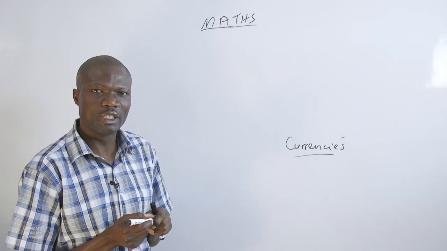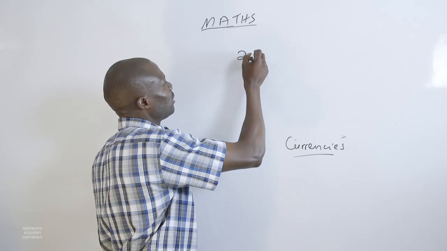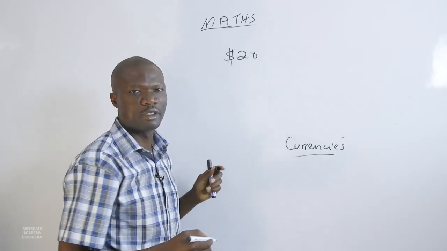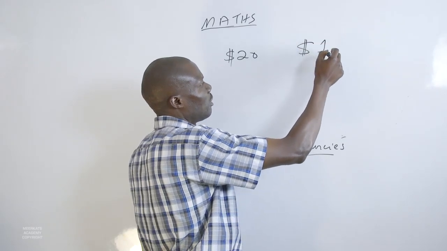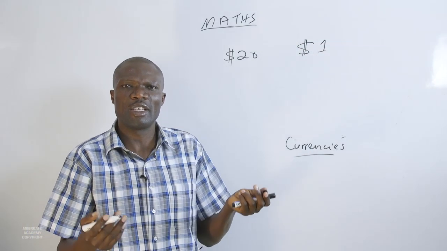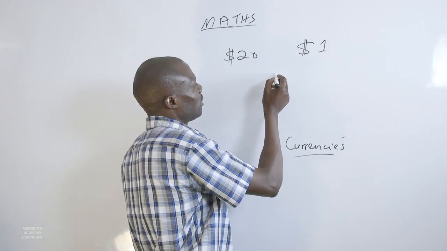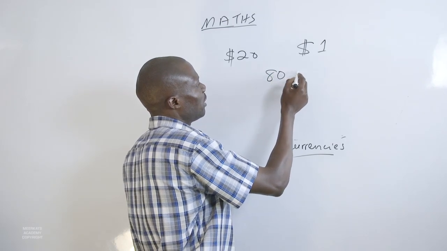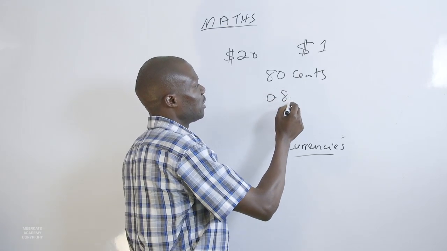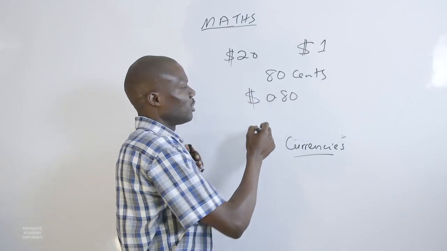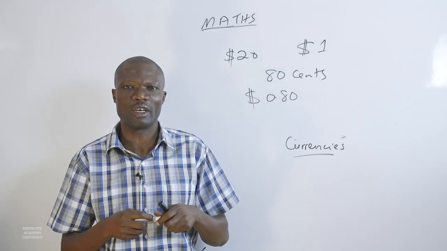Most countries' currencies use decimals. We can have $20. We can have $1. What if the amount is less than a dollar? It is in cents. Then we can have maybe 80 cents or $0.80.